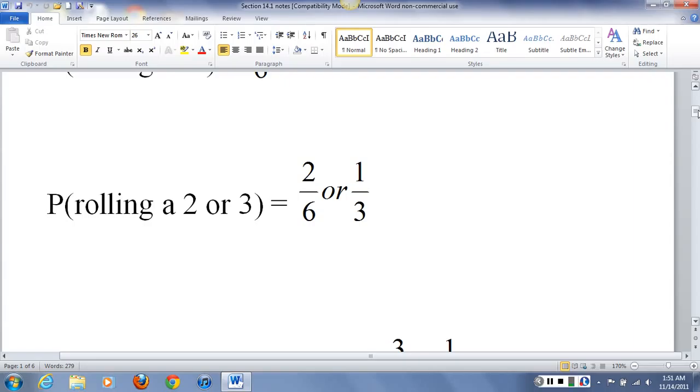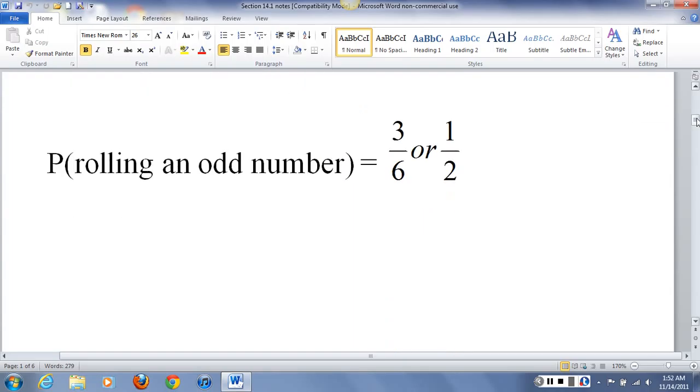It's one of the few times I won't make you reduce any kind of fraction. In a lot of cases it makes a little more sense to keep it in its non-reduced form. Rolling an odd number. How many odd numbers are there on a die? There are 3, so 3 out of 6.